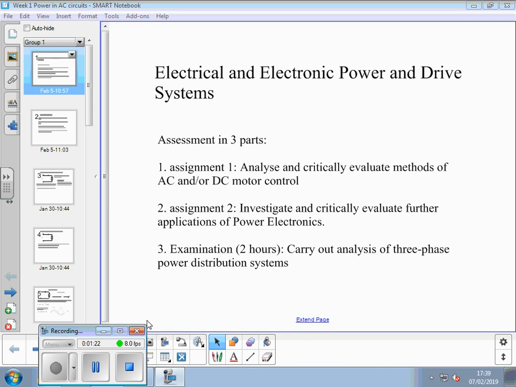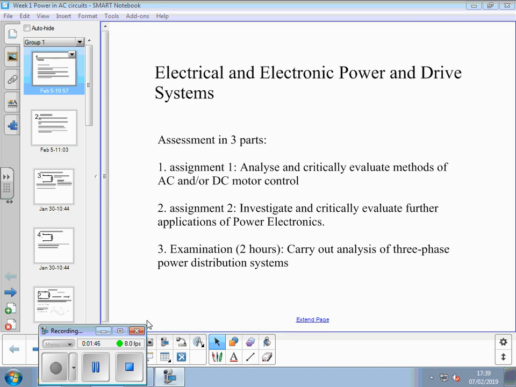Assignment 2: investigate and critically evaluate further applications of power electronics. Now, I do some teaching around those topics, but then there's research for you to do to dig deeper into the topics and write a report about a given system in both cases. In both assignments I give you 2 options to choose from.